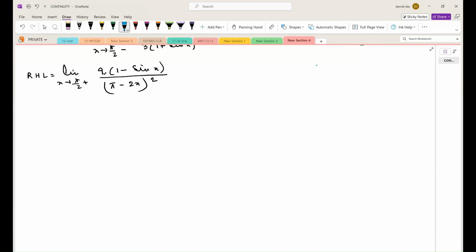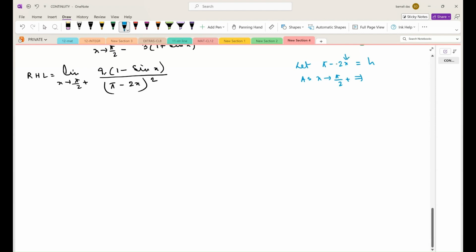Right. So if you take, let pi minus 2x equal to h. As x tends to pi by 2 from the right, this means x is approaching pi by 2.